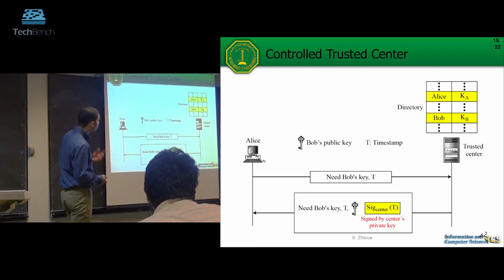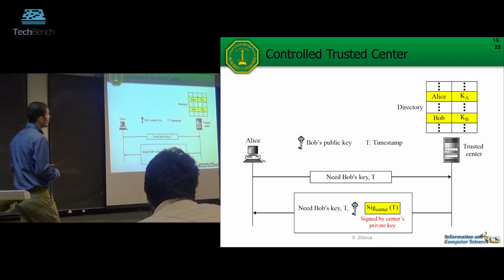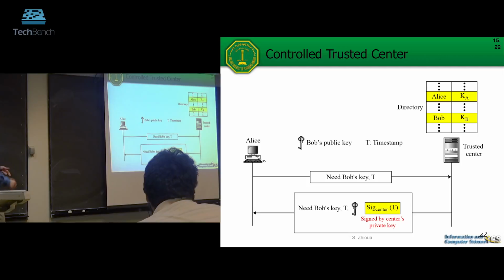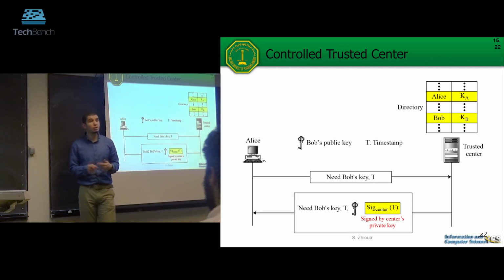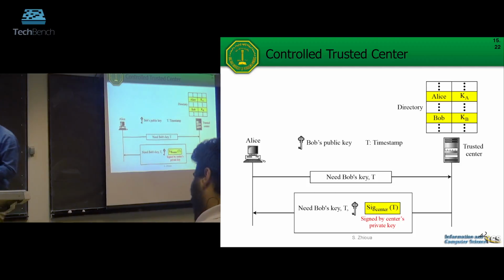It will sign that timestamp with its own private key, so that Alice can authenticate that by decrypting it with the public key of the trusted center. Anyway, this is a simple scenario where you have a trusted center inside the network.